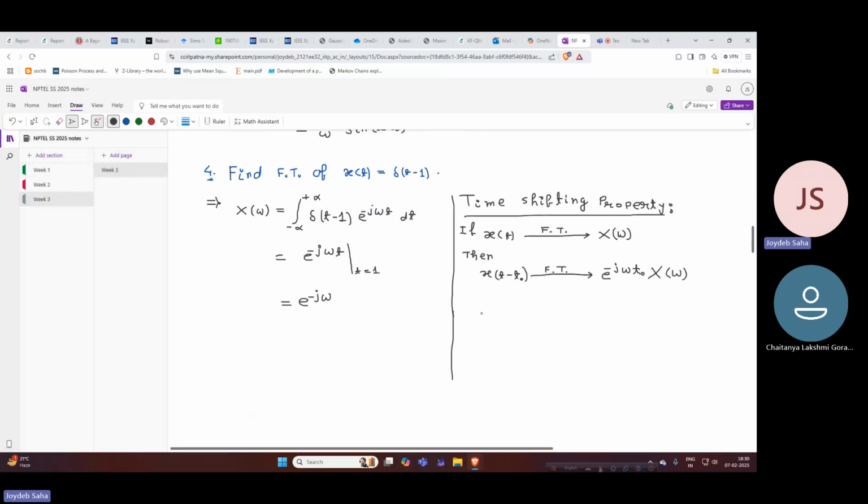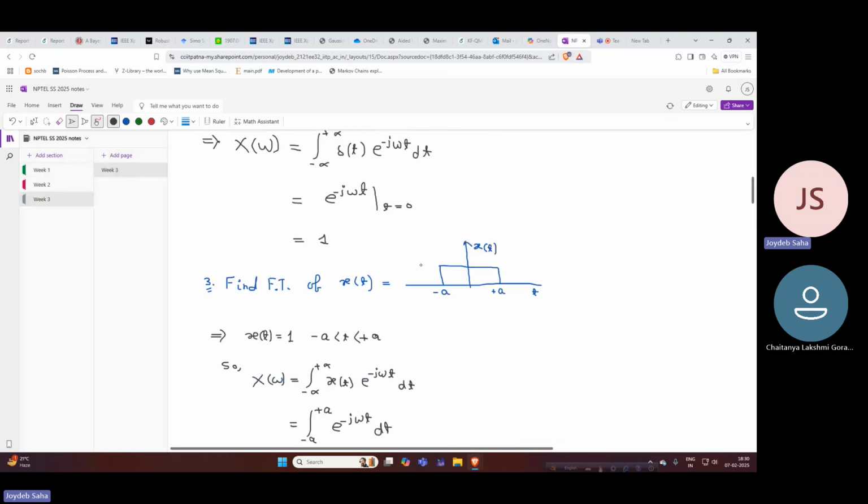We know that the Fourier transform of delta t is 1, right? We have solved it earlier.